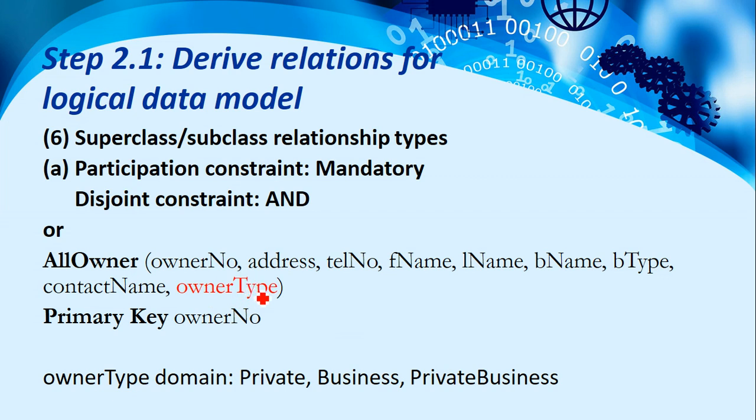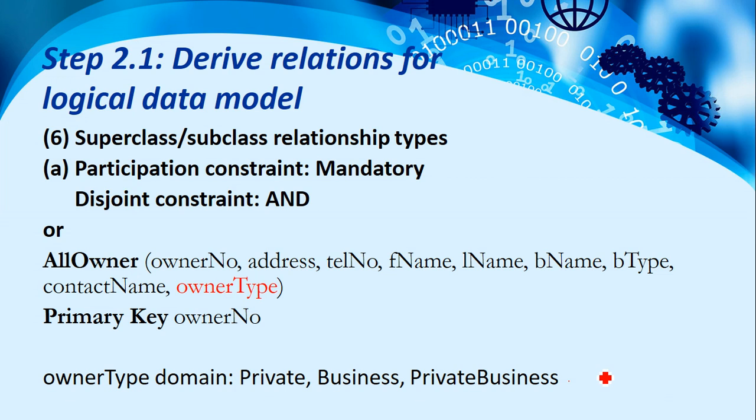Pag sinabing domain, these are the possible values for this attribute. So owner type can be private, can be business, can be private business, or if you have another type of subclass, pwedeng you insert another one here. Basically ganun.